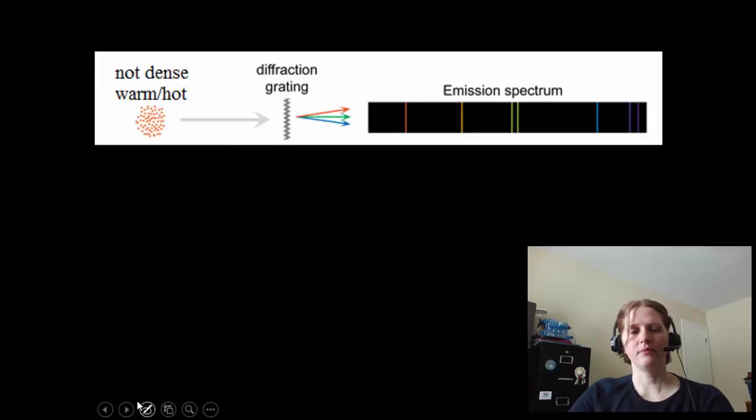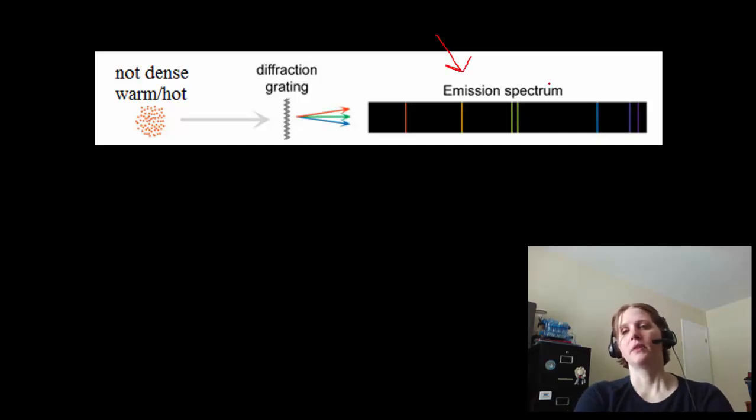The second type of spectral category is called an emission spectra, and it looks different to your eye. If you were going to look at some light coming from an object, you would notice that there would be no light coming in at most of the colors.